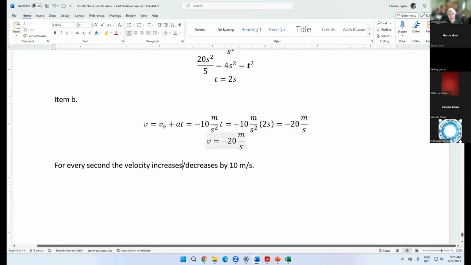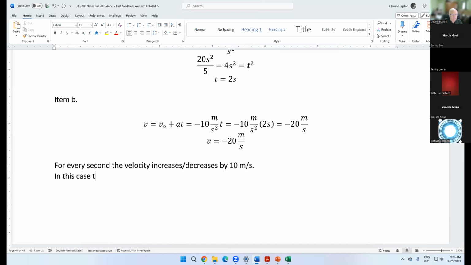In this case, the velocity is decreasing because it is becoming more negative.